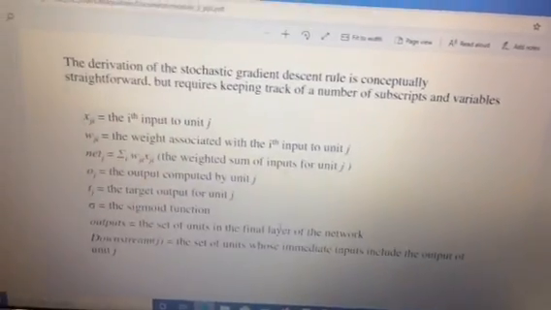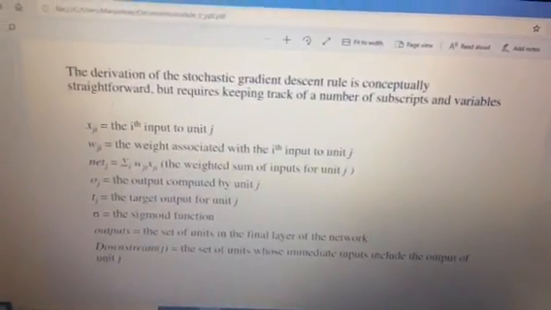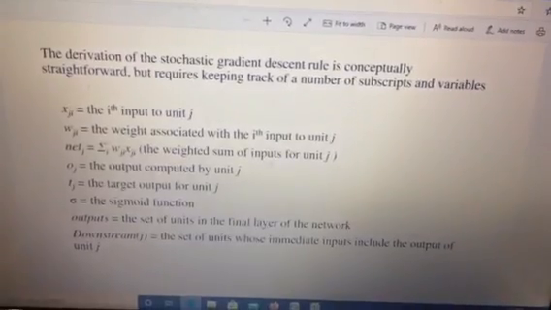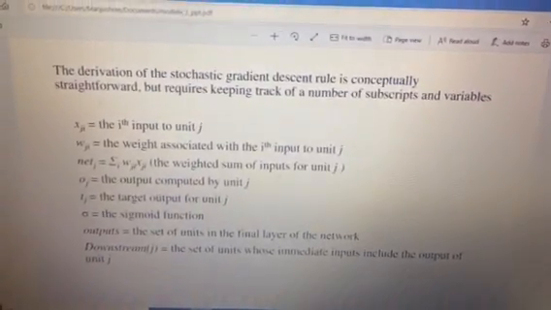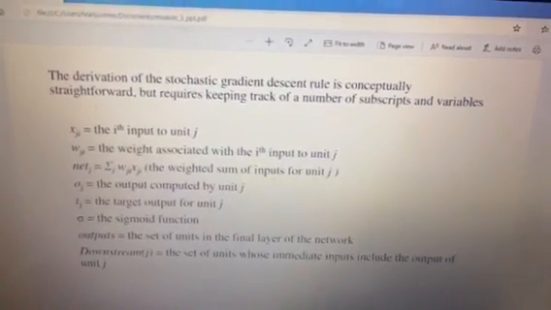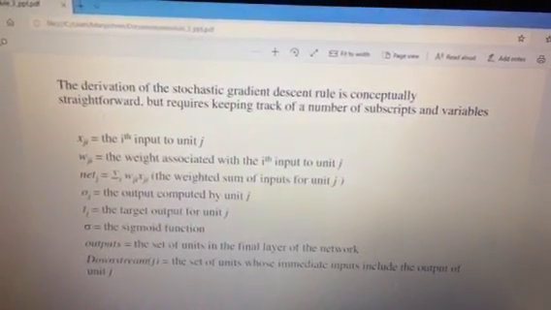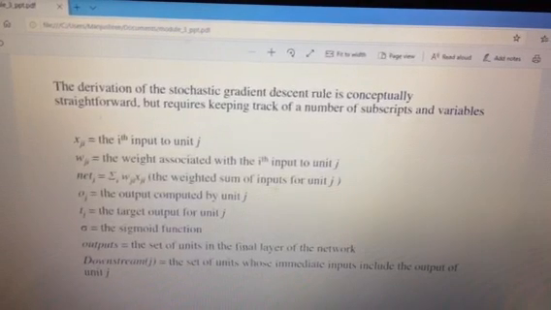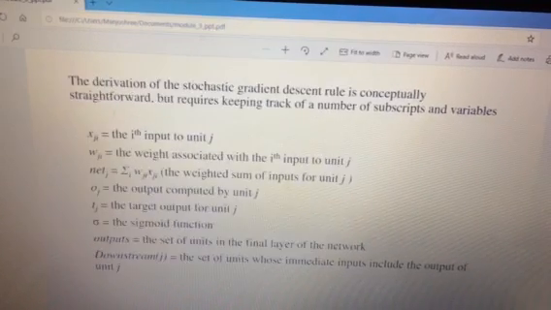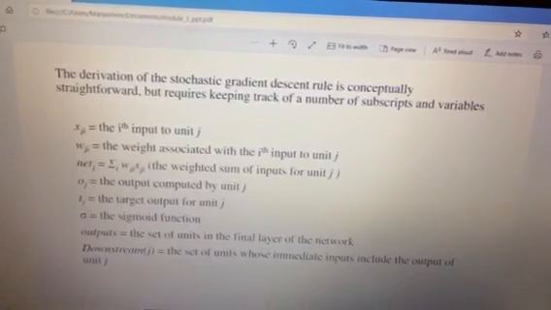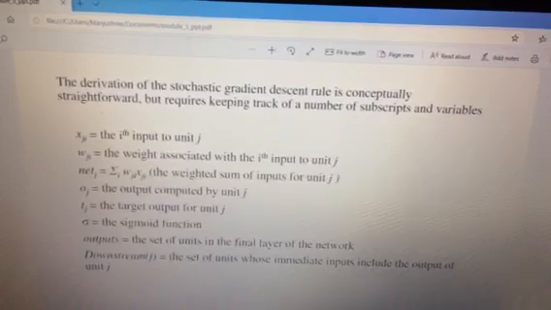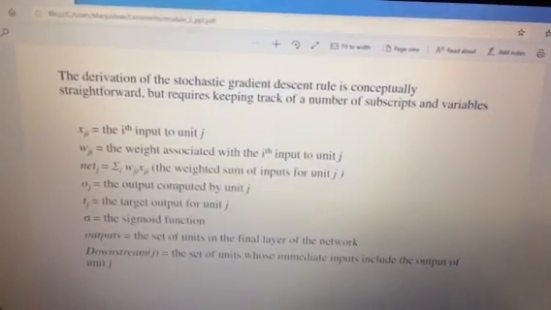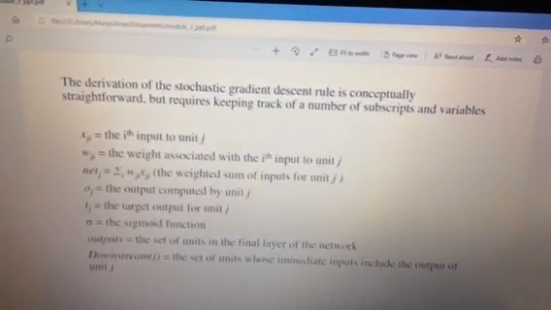Now let's understand some of the variables or terms used here. xji indicates the ith input of unit j. Wji indicates the weight associated with the ith input of unit j. Net j is nothing but the summation of i equals 0 to n of wji into xji.